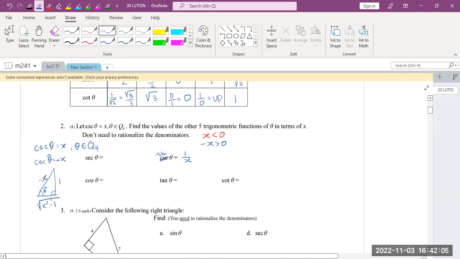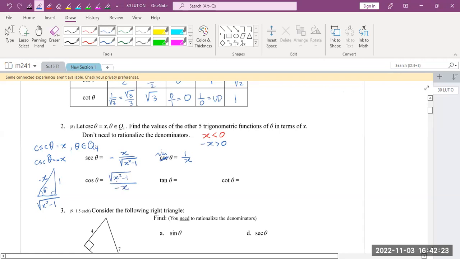Okay, so secant theta will be negative x over square root of x squared minus 1. Let's do cosine theta first. Cosine theta will be square root of x squared minus 1 over negative x.